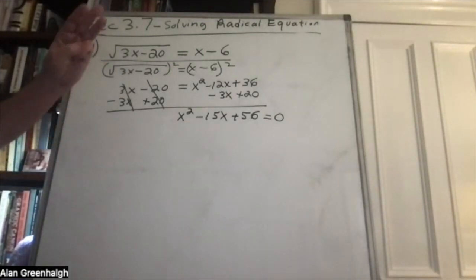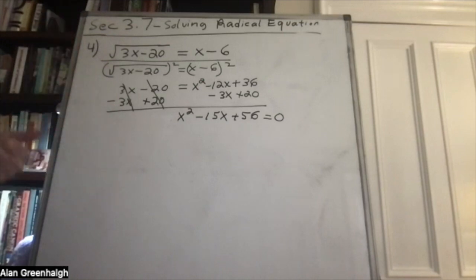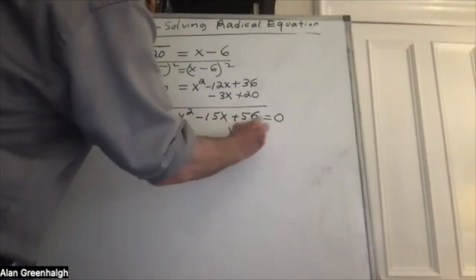Now what do you do? You have 3 methods of solving an equation, and I will give you a hint. You never use the quadratic formula, and you never use completing the square. These are always factorable.